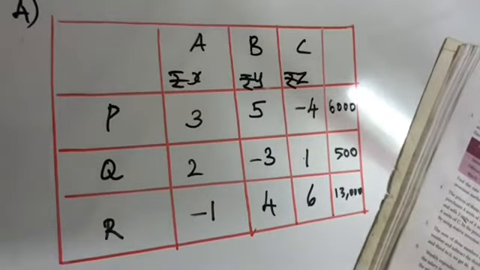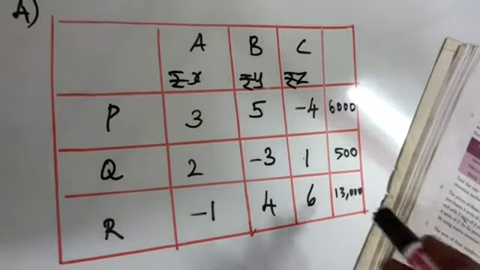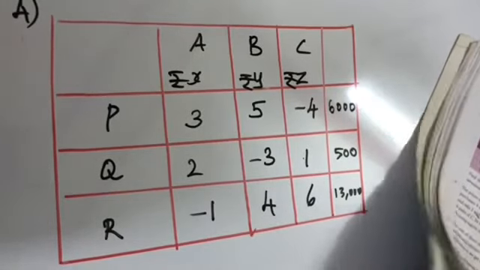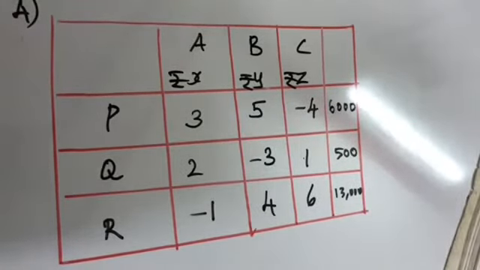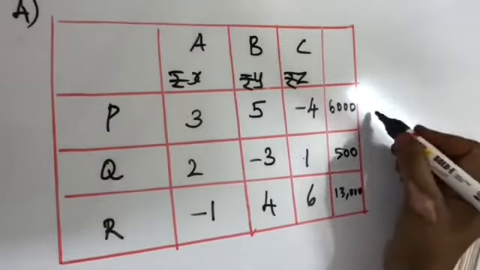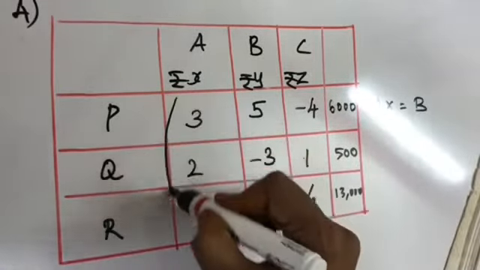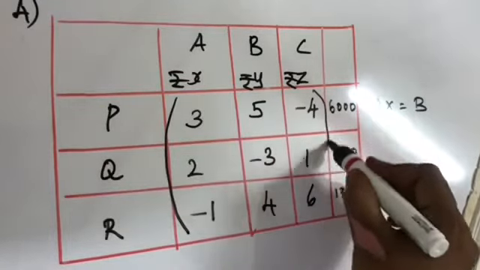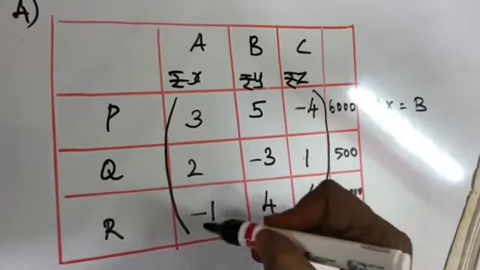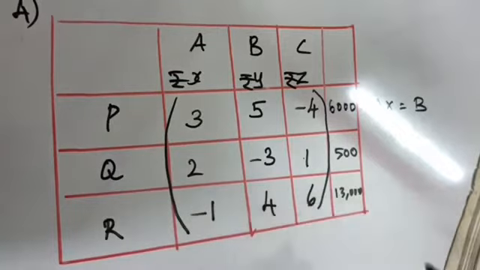Now we have to convert this into a matrix: AX equals B. Here A is this matrix: 3, 5, minus 4, 2, minus 3, 1, minus 1, 4 and 6.